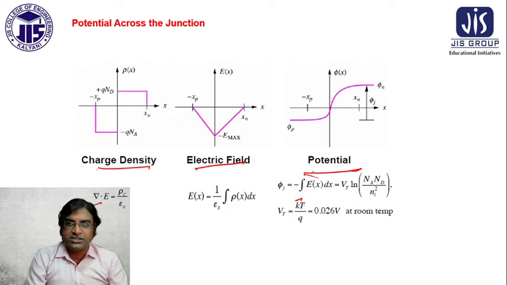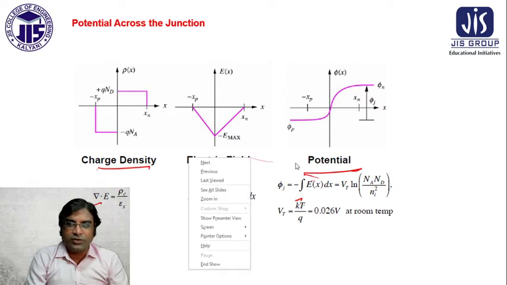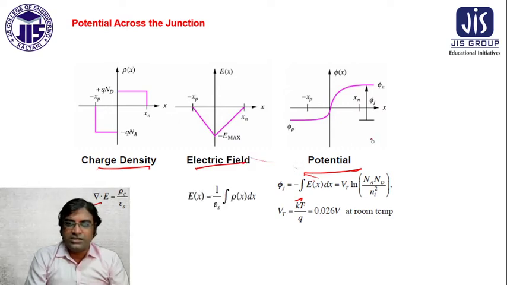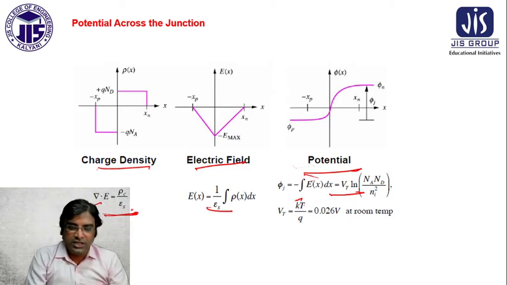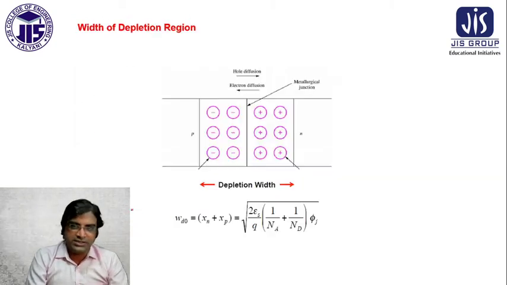This is the representation of the charge density, electric field and potential. In your syllabus you just need to know these expressions. These expressions are very much mandatory. The derivations are not in your syllabus, as we have already discussed.